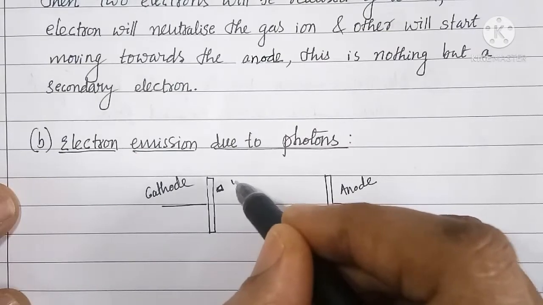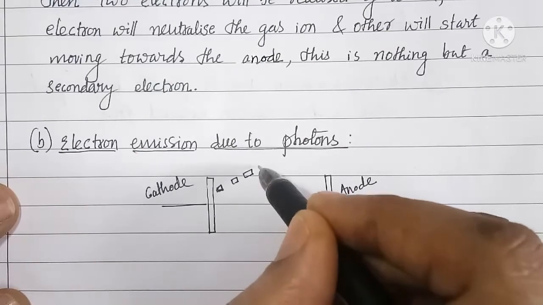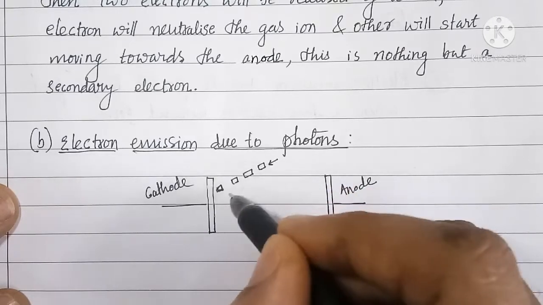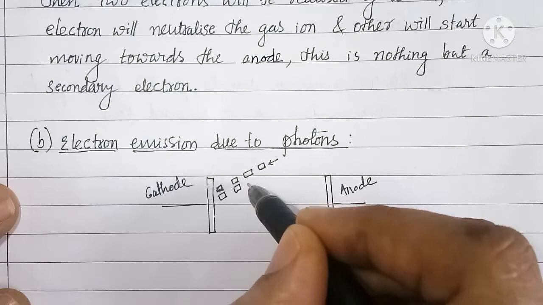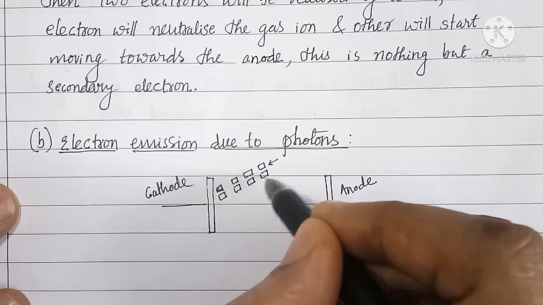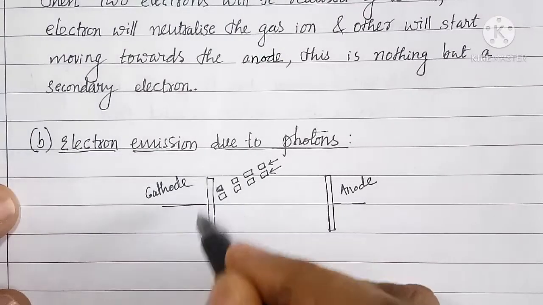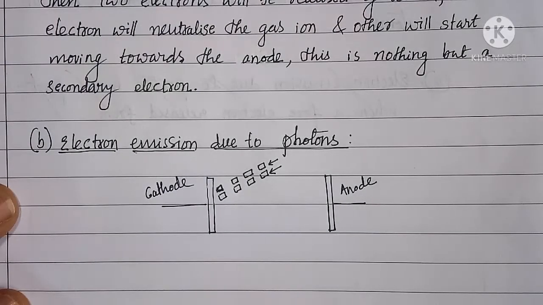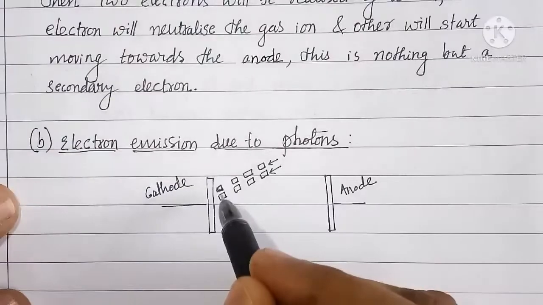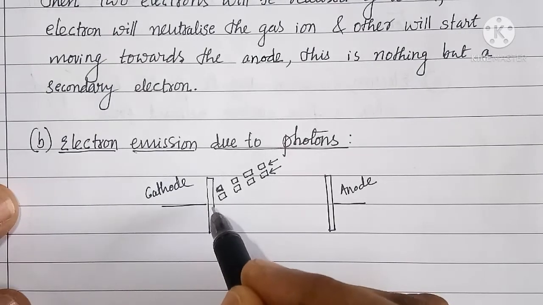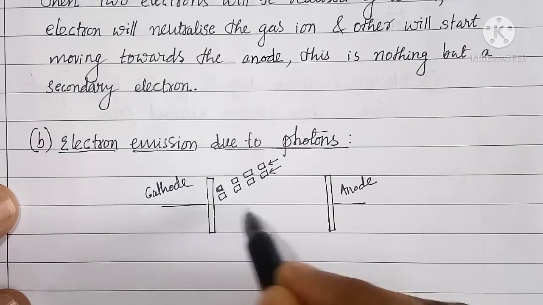On this cathode, if energy packets are incident, and if these energy packets are having sufficient energy, that is their energy is higher than the surface potential barrier of the metal used in making this cathode, in that case each of these packets will be releasing or dislodging electrons from the cathode surface.